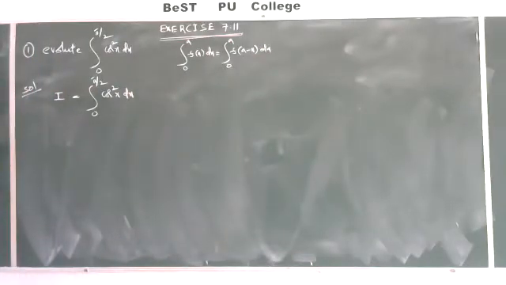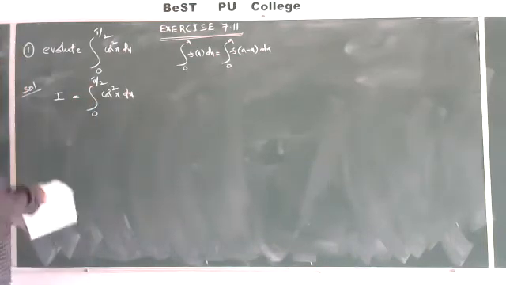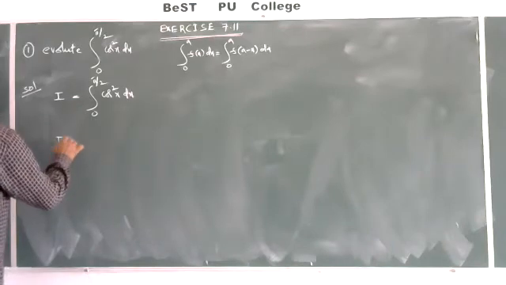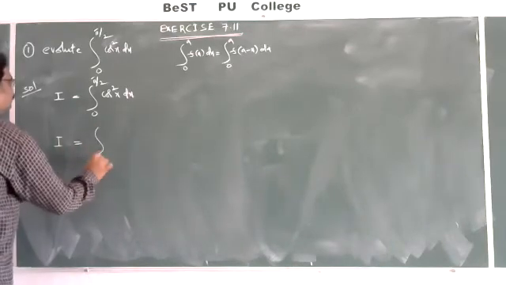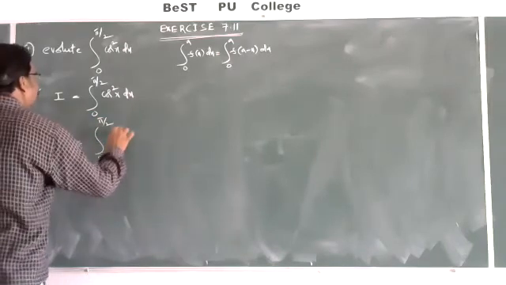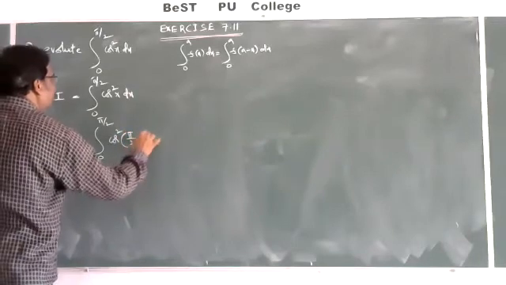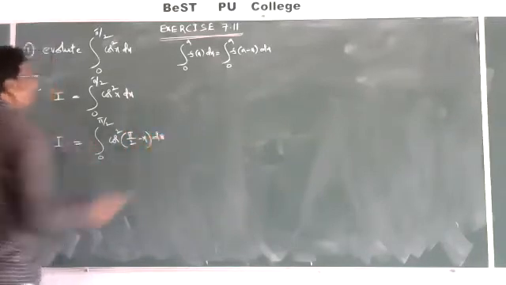Here a is pi by 2. That's why you apply this property here: the integral from 0 to pi by 2 of cos square of a minus x, that is, pi by 2 minus x, dx.